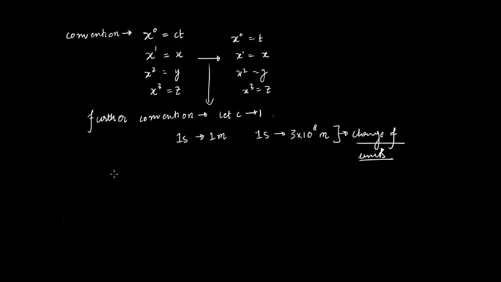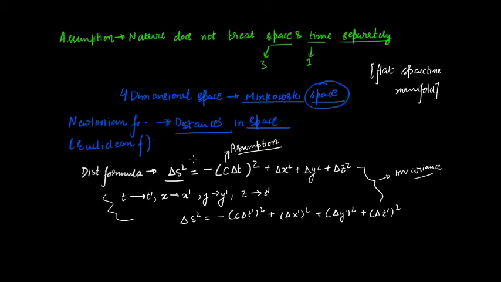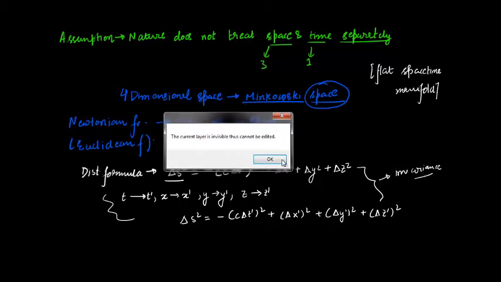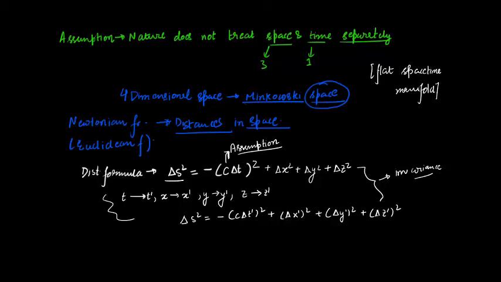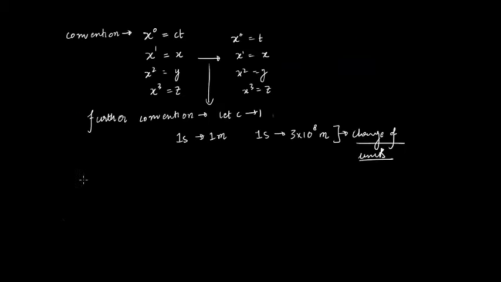Now we can introduce a space-time metric in order to write down the distance. Remember that we wrote down this part. Using this notation, we can write down the metric of space-time in this way.